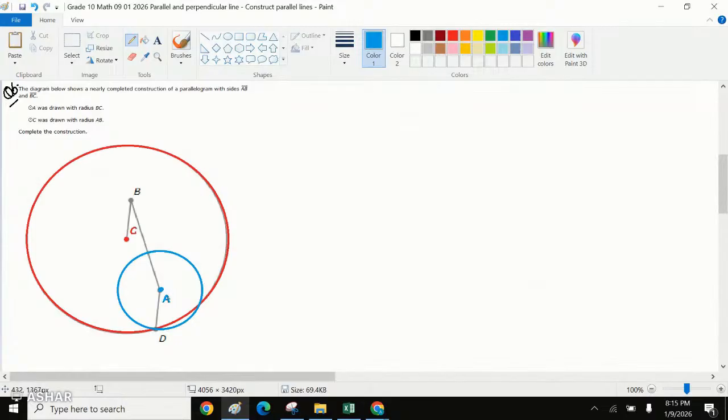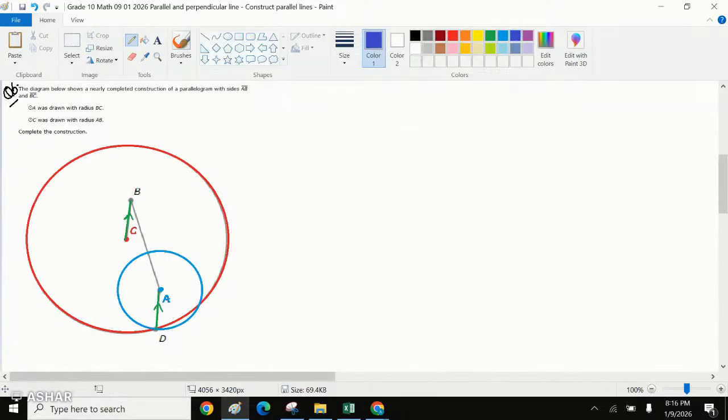Can we see a pair of parallel lines? See, the length of AD is basically the radius of the smaller circle, right? If we consider the length AD as the radius, then BC is also the same length. So these are parallel lines.